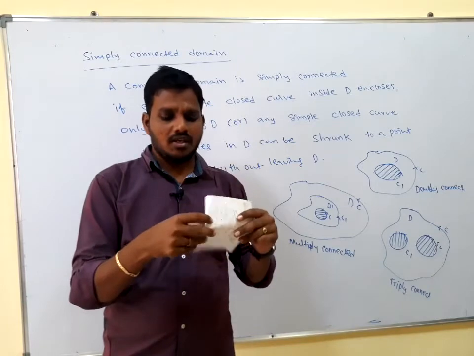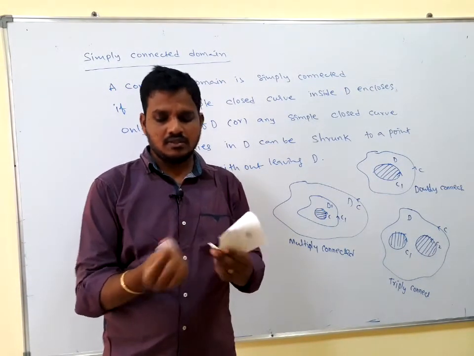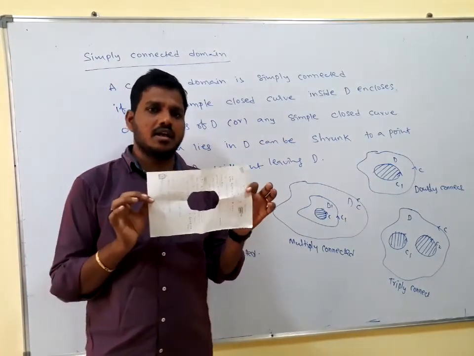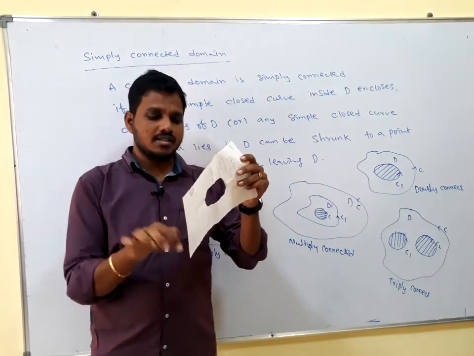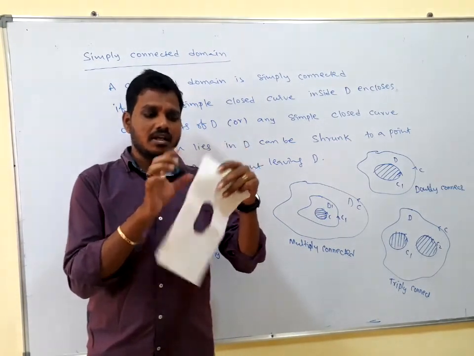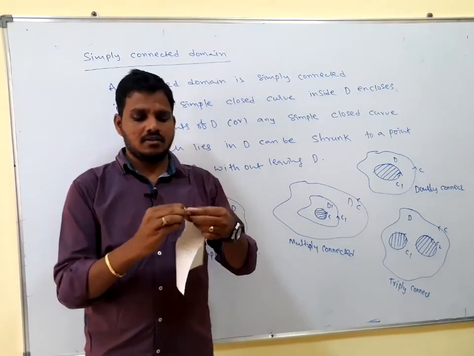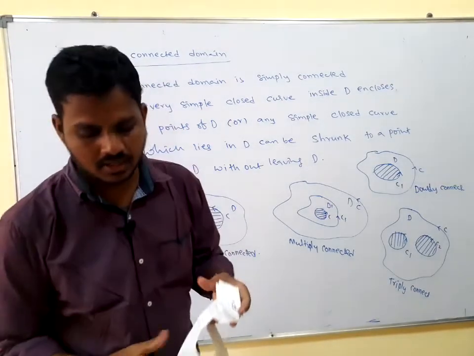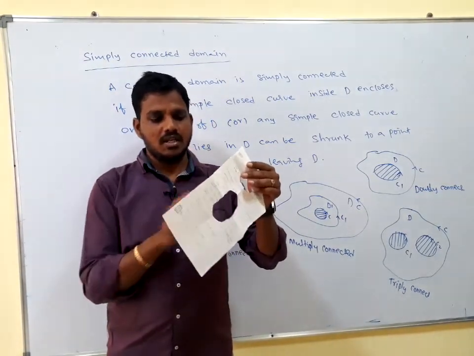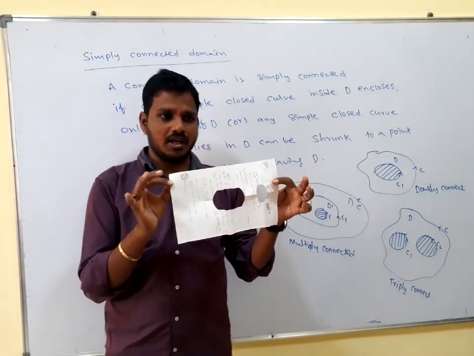Suppose I take one like this, here it is not simply connected, it is a doubly connected domain. There is one curve C, and another curve C1 also exists here. Next, if you take another one, this is a triply connected domain, with curves C, C1 and C2.